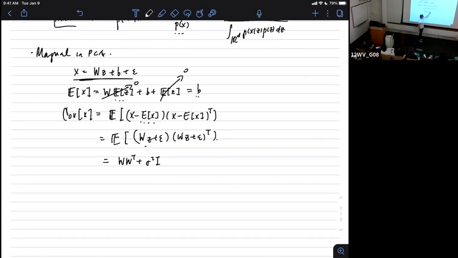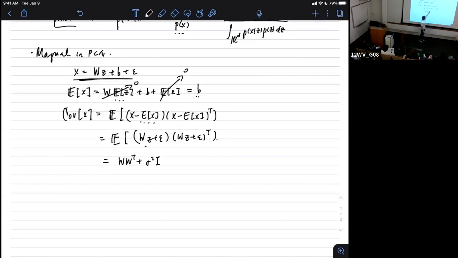And now let's look at the cross terms. We have W times z times epsilon transpose, and also epsilon times z transpose times W transpose. Again, we push the expectations all the way. Epsilon has mean 0, z has mean 0, so they just disappear.